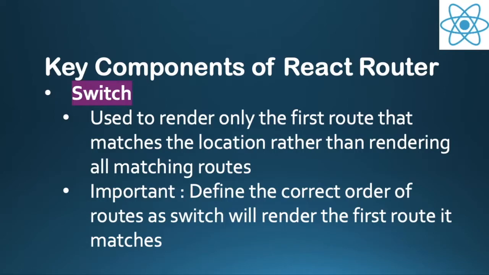Important: because the first match will be rendered, define the correct order of routes, as Switch will render the first route it matches. This is a very common mistake that a lot of developers and learners make. So ensure that you do not make this mistake while writing your code. Remember this.